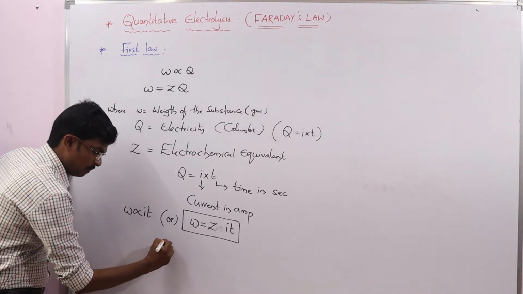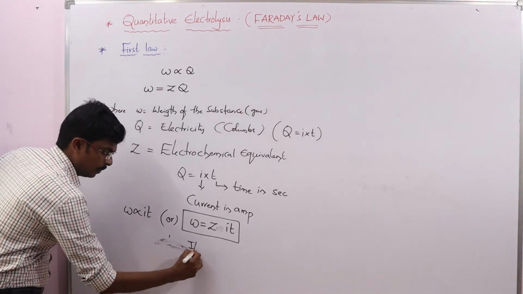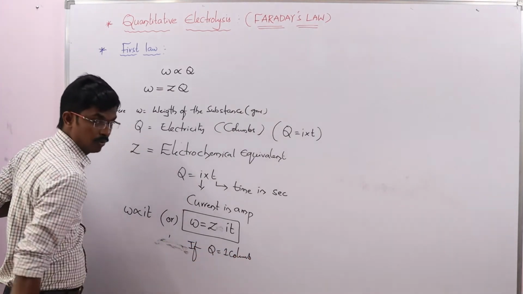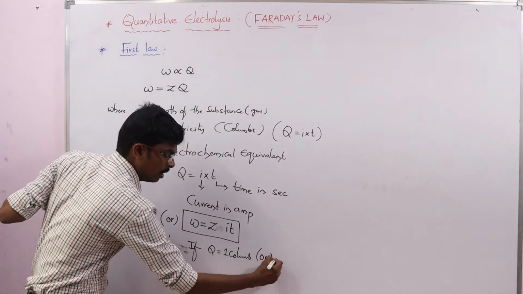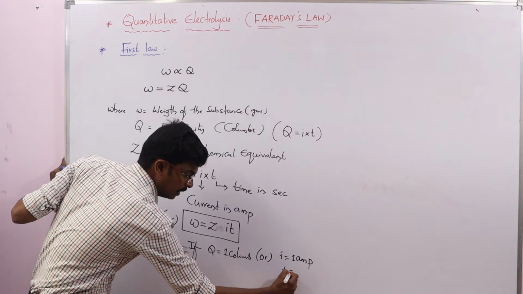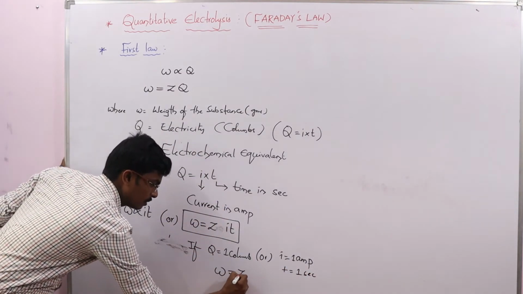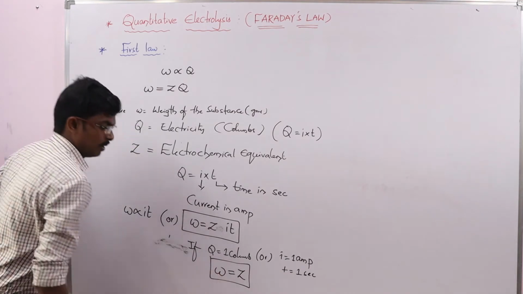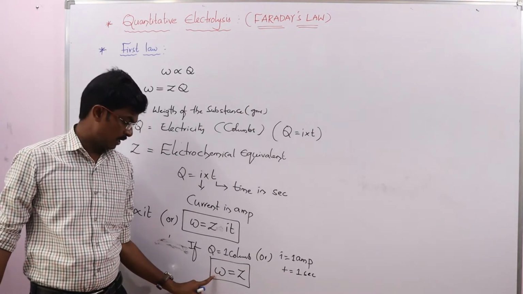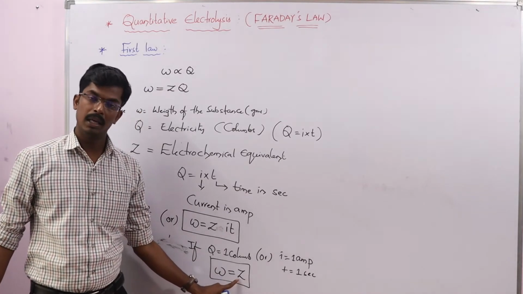That is, if Q is equal to 1 coulomb, or I is equal to 1 ampere and T is equal to 1 second, then W is equal to Z. The weight or amount of substance deposited or electrolyzed is equal to the electrochemical equivalent.